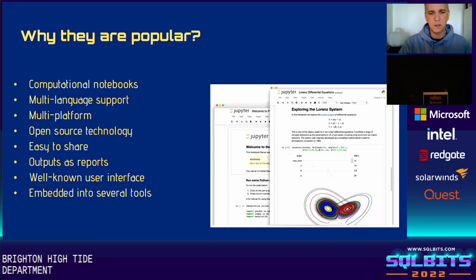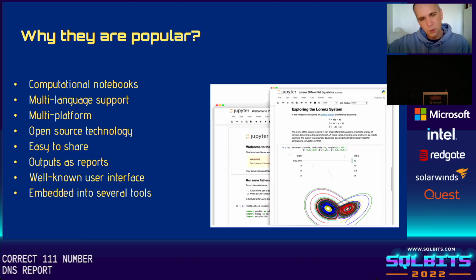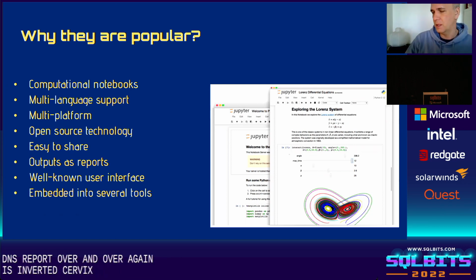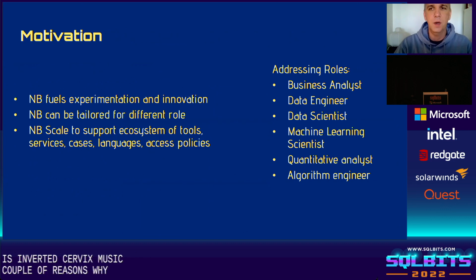With notebooks, you correct one number and just run, and the code will create the end report over and over again. Again, as I said, well-known user interface. It is embedded in several different tools, so it's super easy to use it with really whatever you want. So definitely, these are a couple of reasons why they are popular.